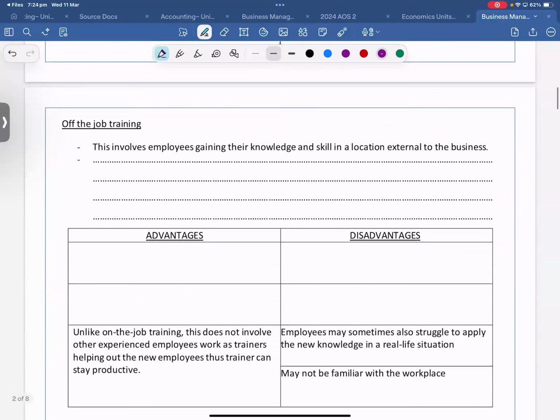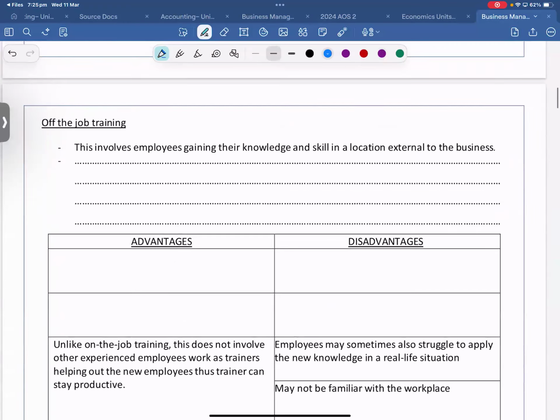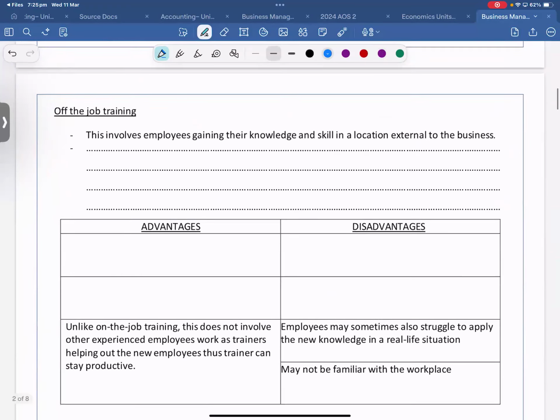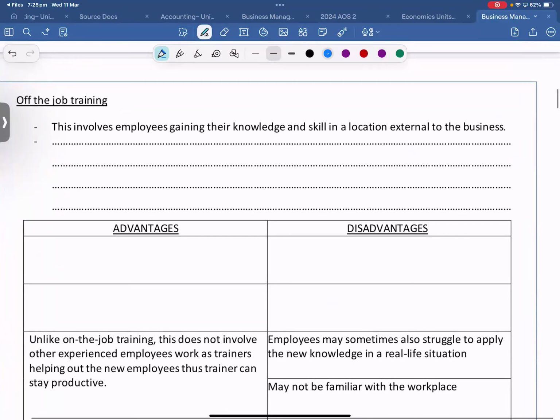Okay, we'll write the off the job training answer, then we'll discuss everything together. This involves employees gaining their knowledge and skills in a location external to the business.